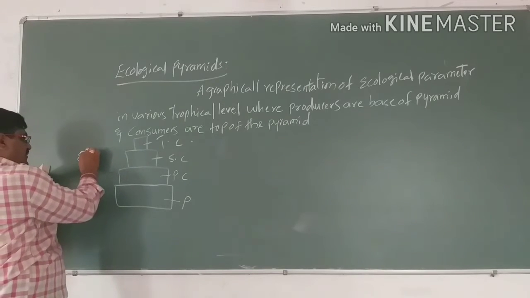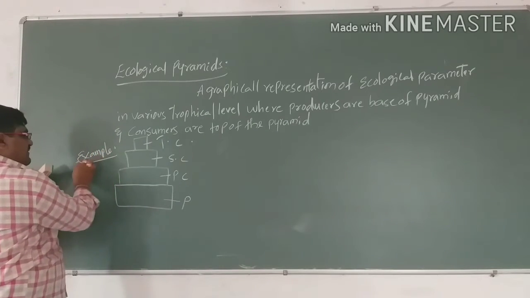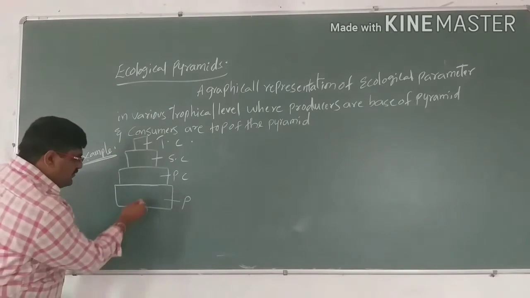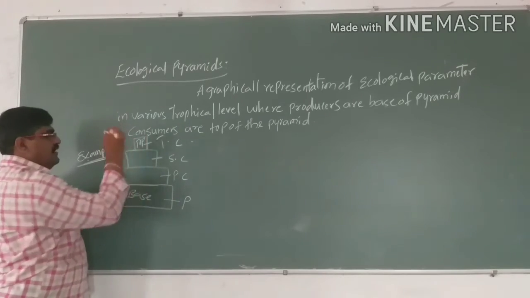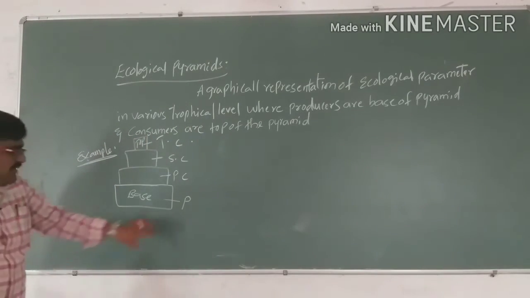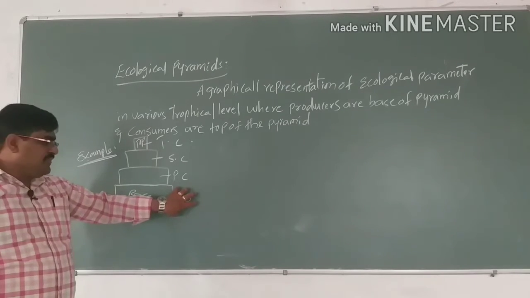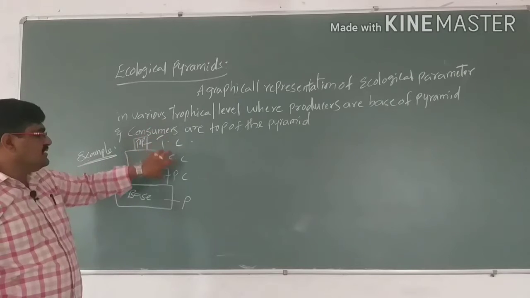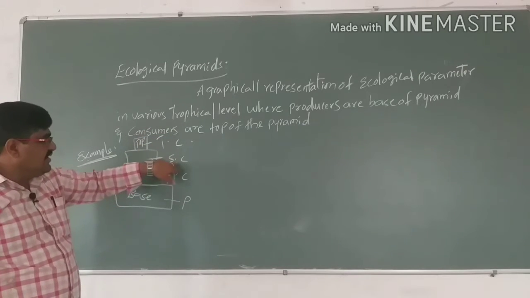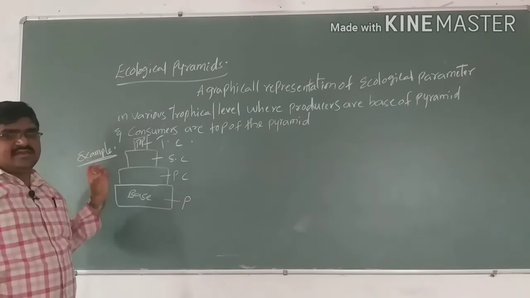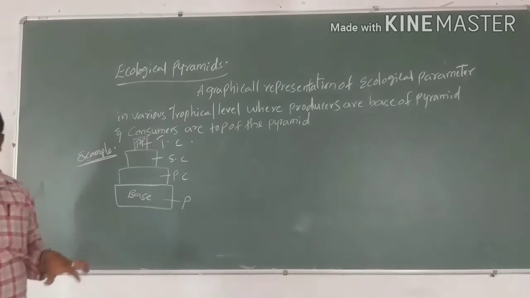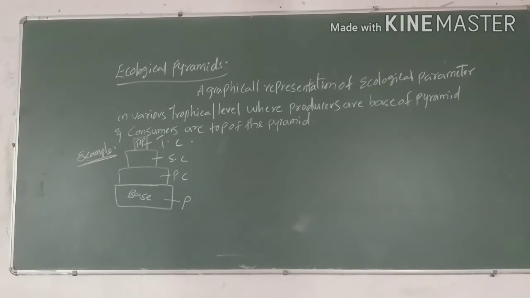The producers are at the base and the consumers, primary, secondary, and tertiary, are at the top of the pyramid. This type of graphical representation of organisms, we can call the ecological pyramids.